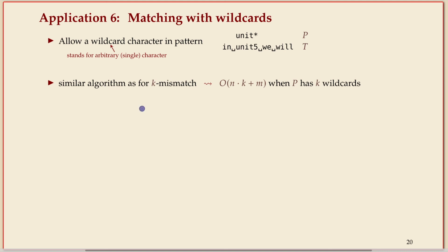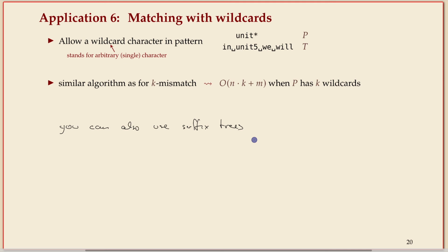Let me just point out that you can also use suffix trees without using LCEs in that sense. For this specific problem, you can traverse the generalized pattern down the suffix tree.